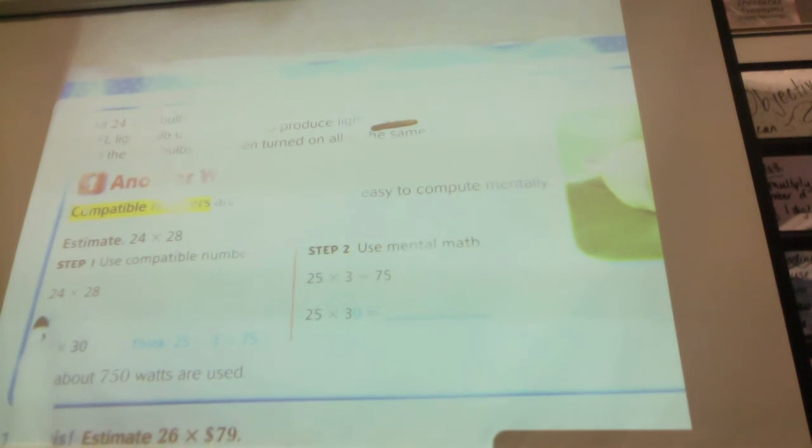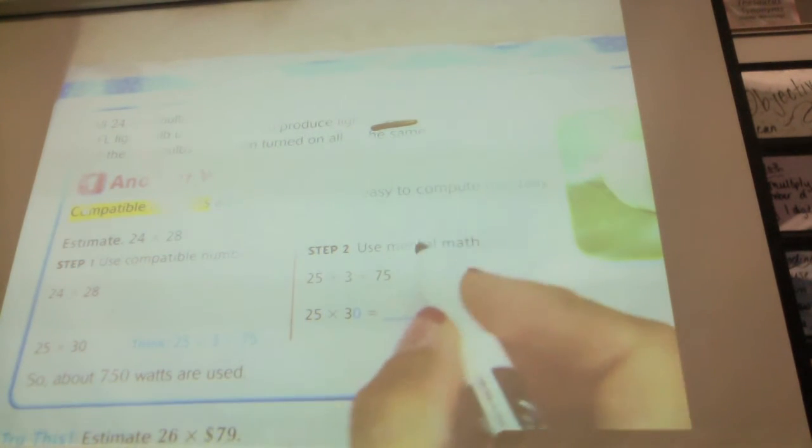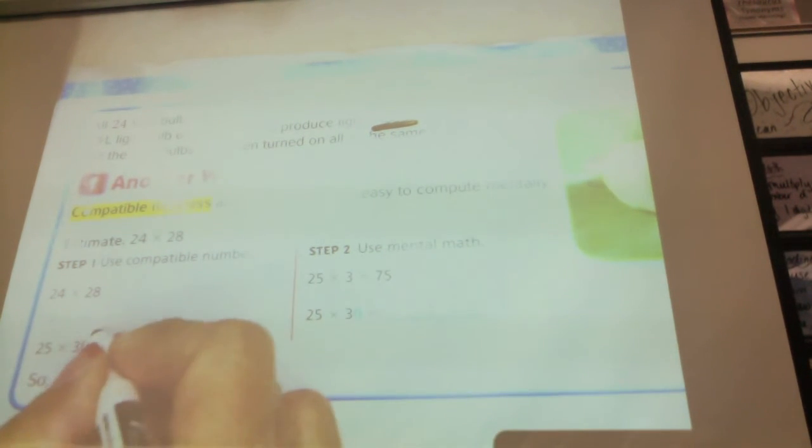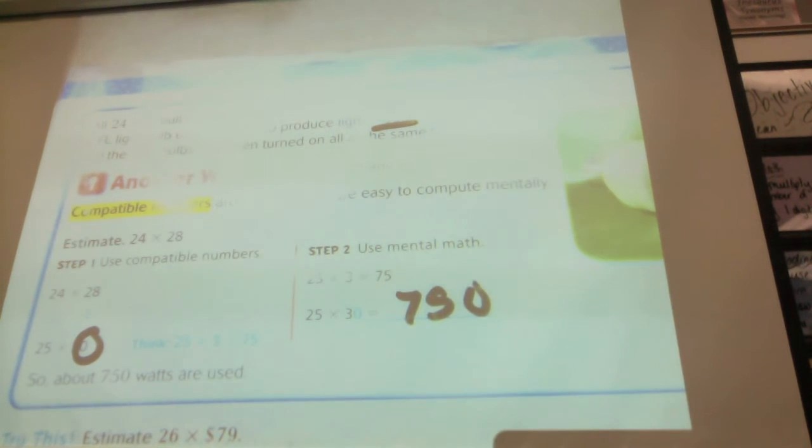So we rounded 24 to 25 and 28 to 30. And then we did thinking 25 times 3 equals 75. We do that with quarters. 25 is the amount of a quarter times 3. 3/4 is 75 cents. So 25 times 3 is 75. And then if we multiply that by the tens that we have here, we have 750. So about 750 watts.